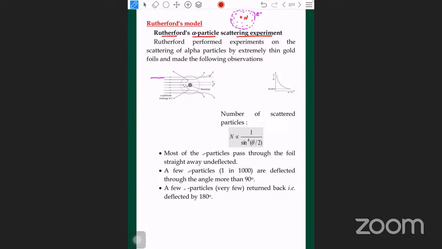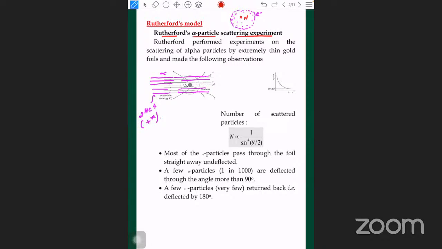He is going to send the alpha particles. He noticed that the maximum number of alpha particles pass through the atom. You know that an alpha particle is a helium nucleus, 2He4, and this is positively charged.